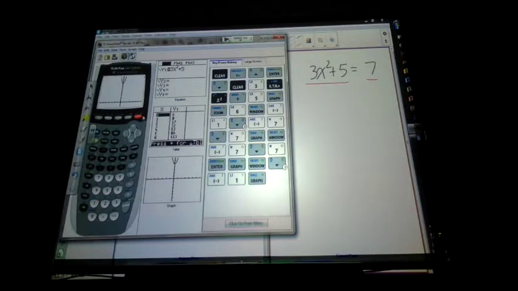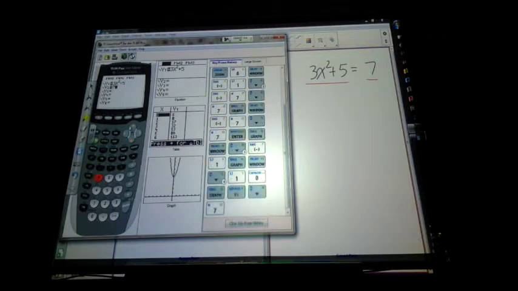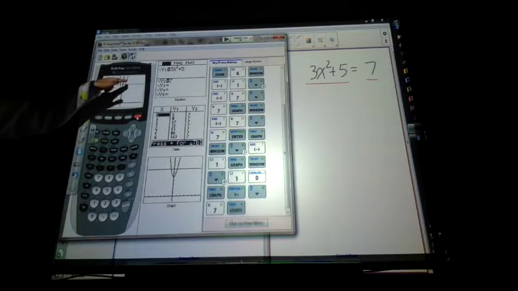All right. So we have this. So I have the line y equals 7. Change that window one last time. I'm going to change the y maximum back up to 10. Okay. I'm also going to graph the line y equals 7. So we have this line that crosses right here.